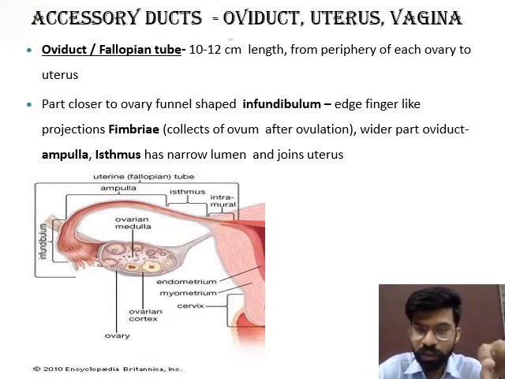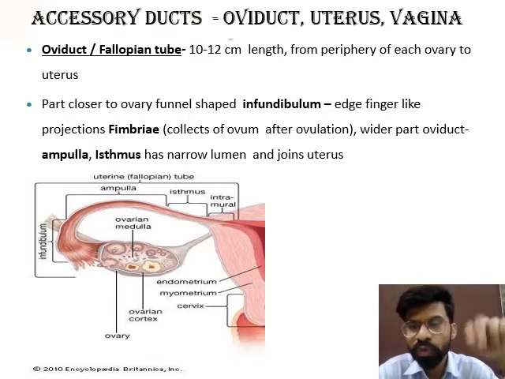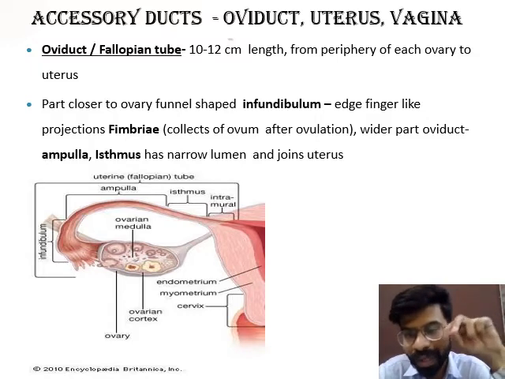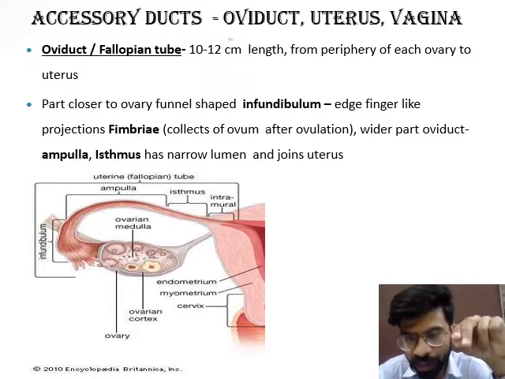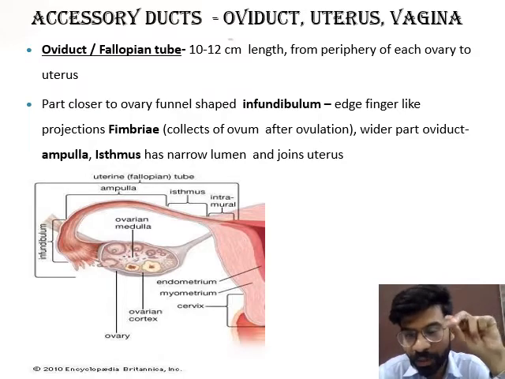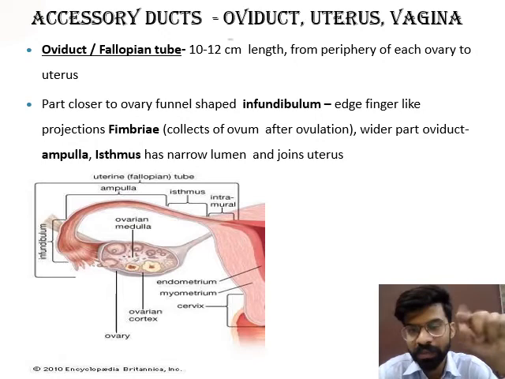The second function of the reproductive system is to transport the gametes from the reproductive organs, that is the testes and ovaries, to the site where fertilization takes place.